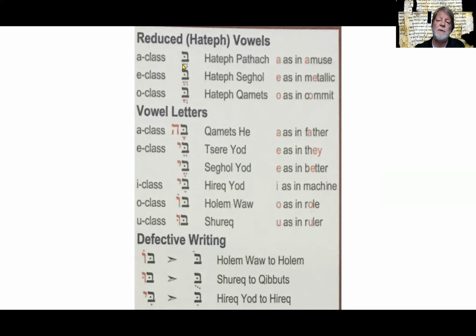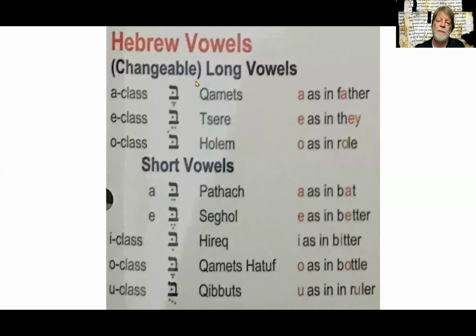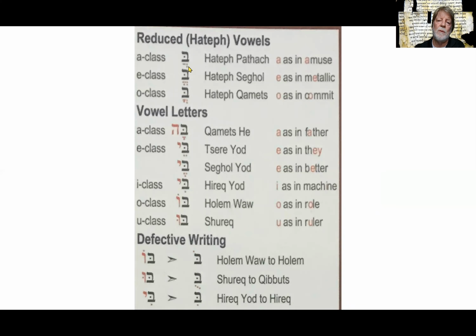This is one of the symbols that was given to us in the paradigm, the chart that we just looked at, this one. But right beside it, it's got two vertical dots. It looks like a colon in English. The two vertical dots are called a shva.